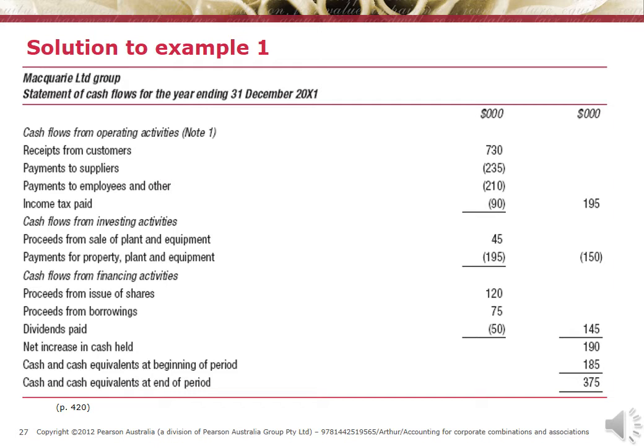We've also got this proceeds from issues of shares. So from looking at slide 23, we noticed that our issued capital increased from 1 million to 1.32 million during the period.